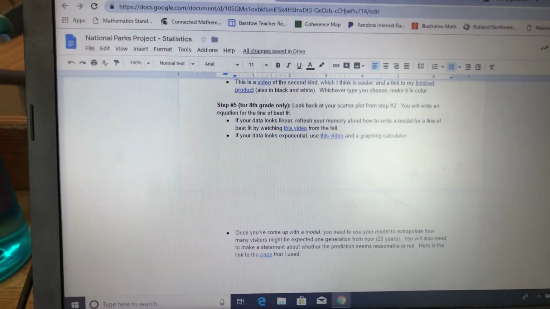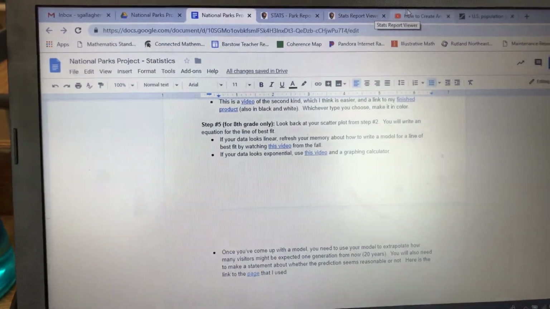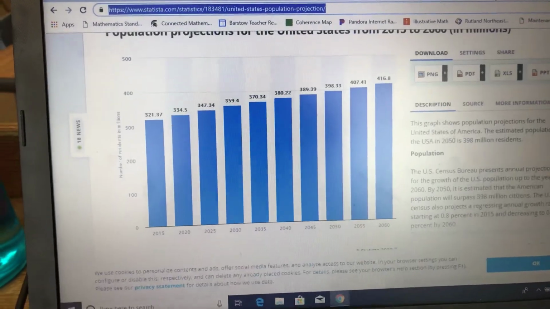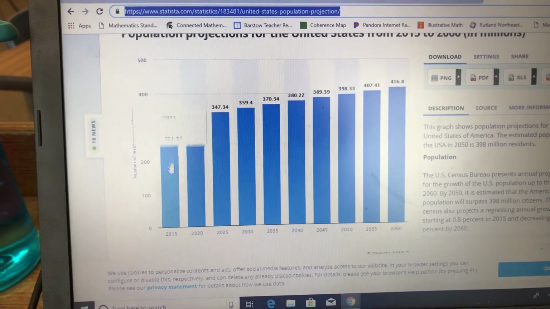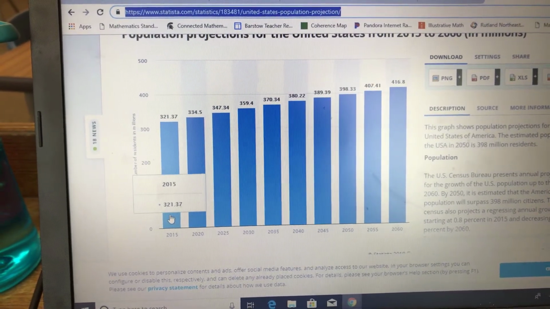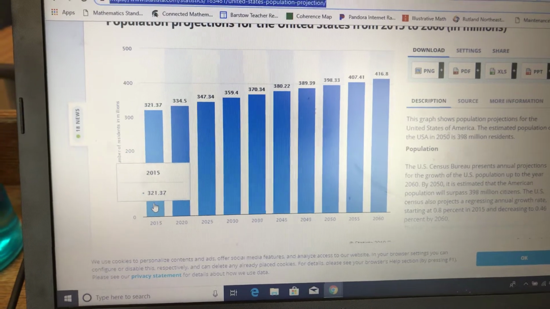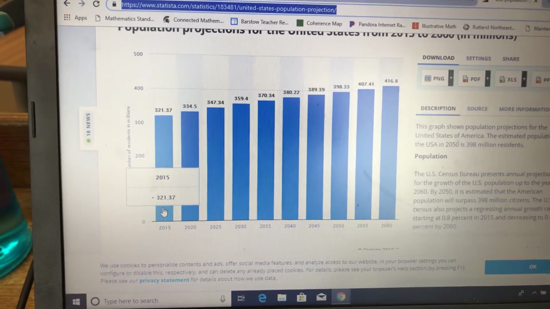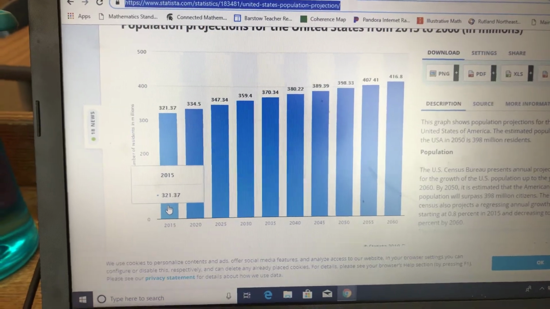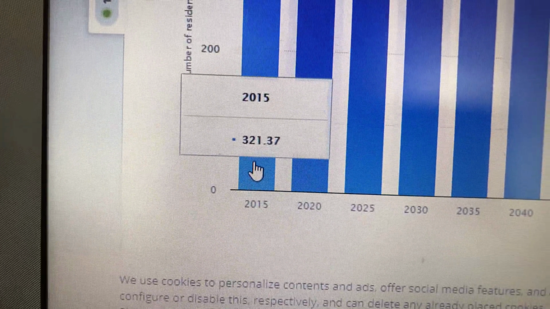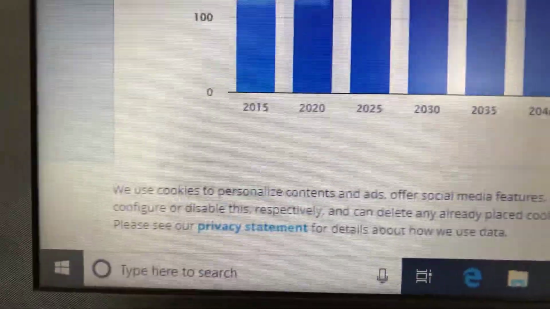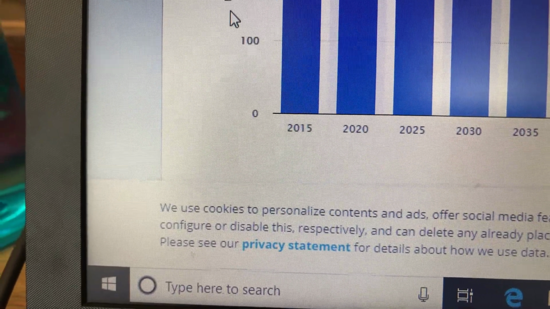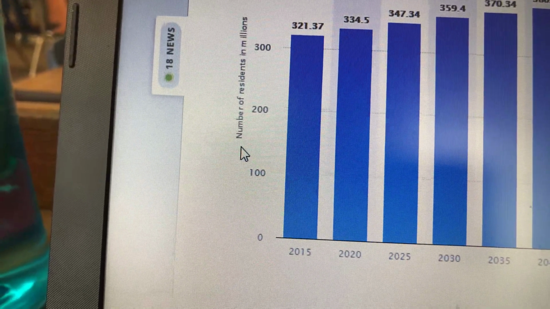So there's a link in your directions that will bring you to this page, and it says that the population in 2015 was 321.37. It says that it is the number of residents in millions.